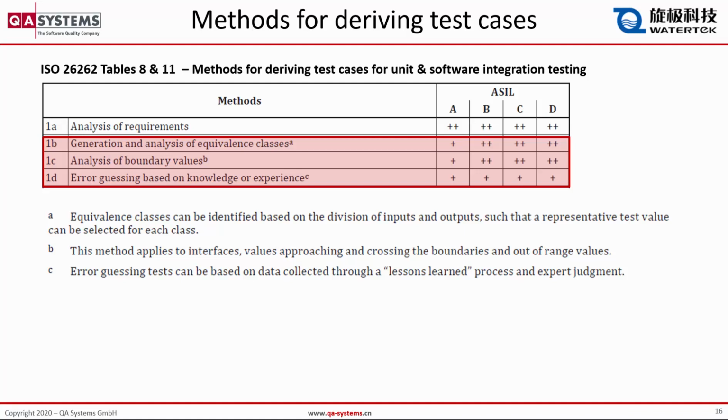Error guessing based on knowledge or experience is something created in a lessons learned approach and can be used by very experienced testers, but is not very easy to abstract and explain what good lessons might be for general software. So I will concentrate on 1b and 1c.